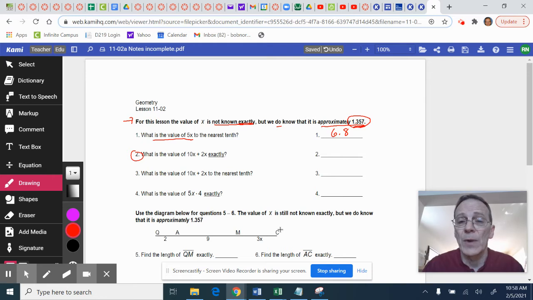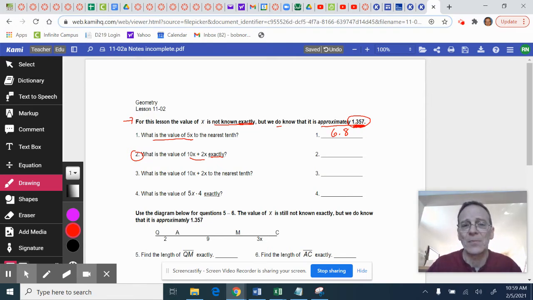But recognize, we've said here, we don't know what x is exactly. This is not the exact value of x. And I'm asking for the exact value of this expression.